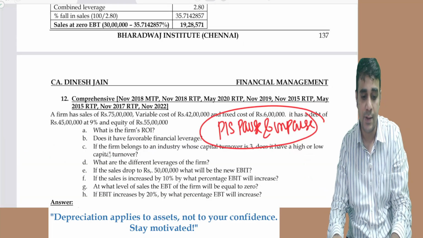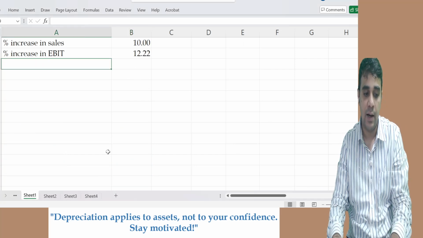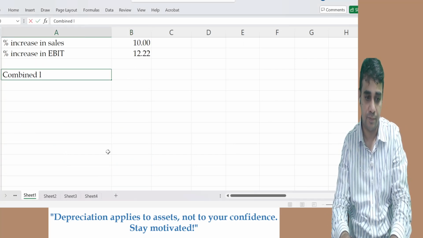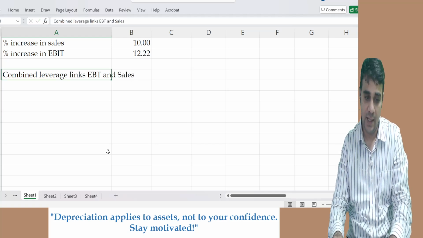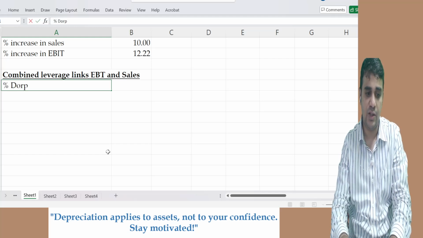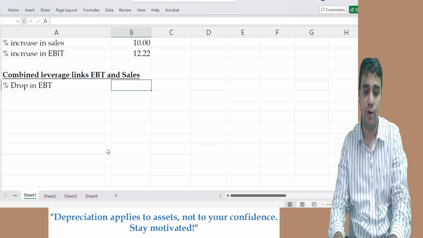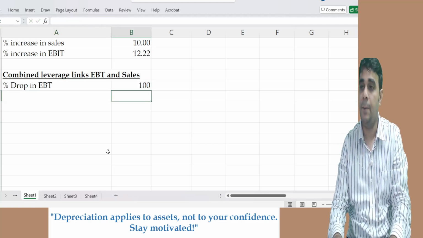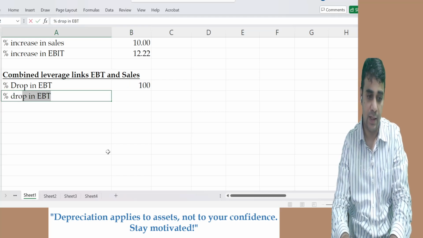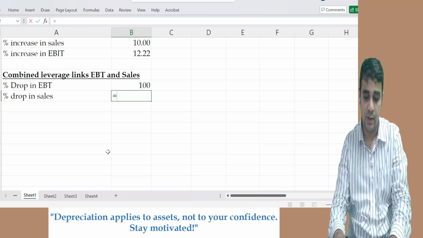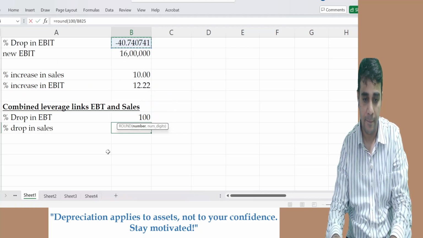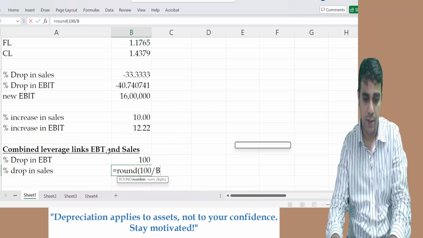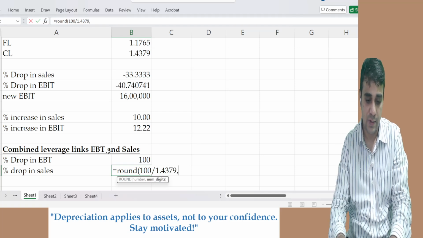Then the third part is, at what level of sales will EBT become 0. Combined leverage links EBT and sales. Percentage drop in EBT: EBT is going to drop by 100 percentage. Percentage drop in sales is 100 divided by 1.4379.